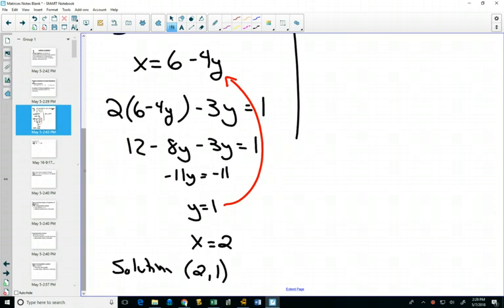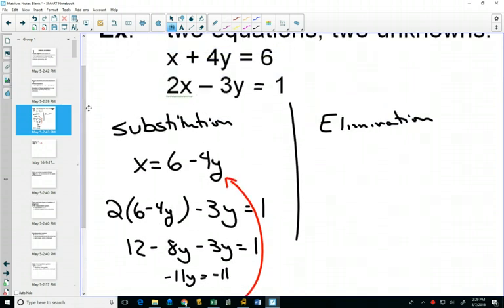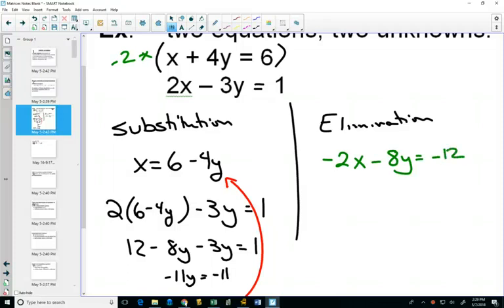The elimination technique, that's where you lined up your equations, and what you tried to do was, me personally, I like to get the coefficients the same, but one positive, one negative. So for example, if I took all of equation 1 and I multiplied it by a negative 2, can you see that equation 1 would become negative 2x minus 8y equals negative 12.